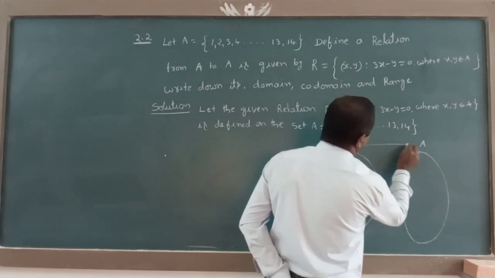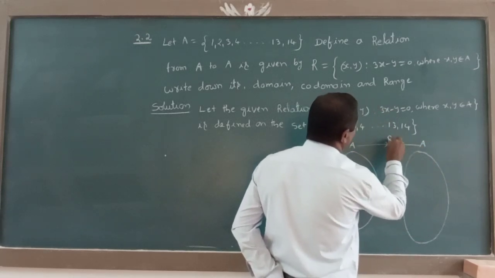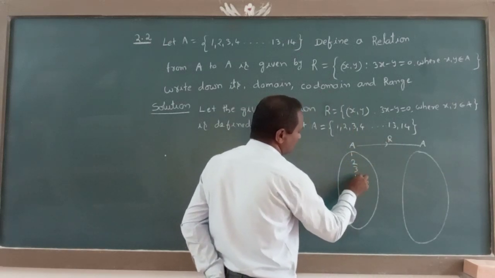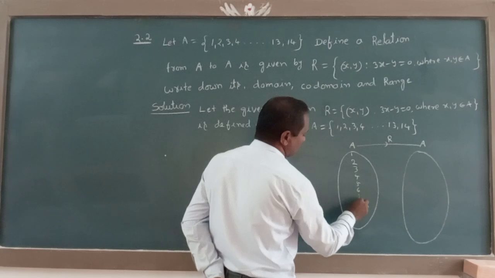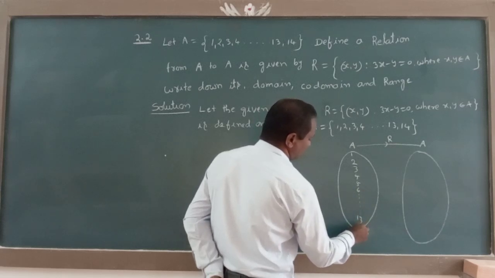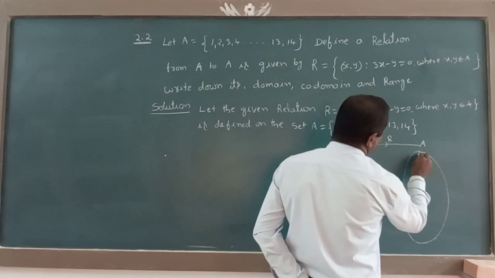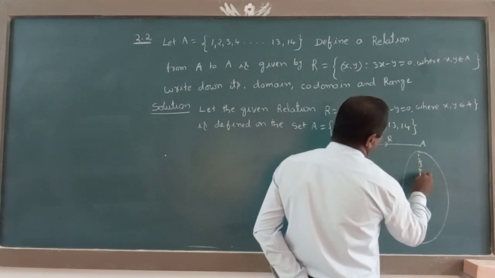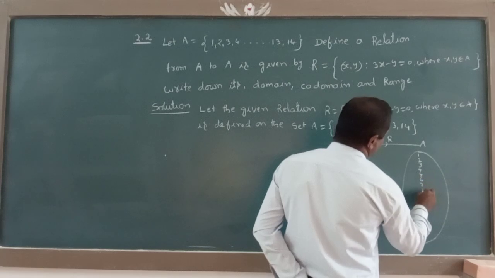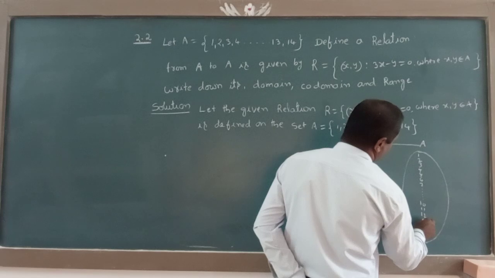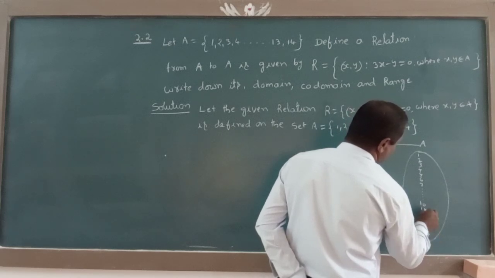A is one relation capital R, and take some elements 1, 2, 3, 4, 5, 6, up to and so on, 10 and 14 here. Here also take some elements 1, 2, 3, 4, 5, 6, 7, up to and so on, 10, 11, 12, 13, 14, like that.